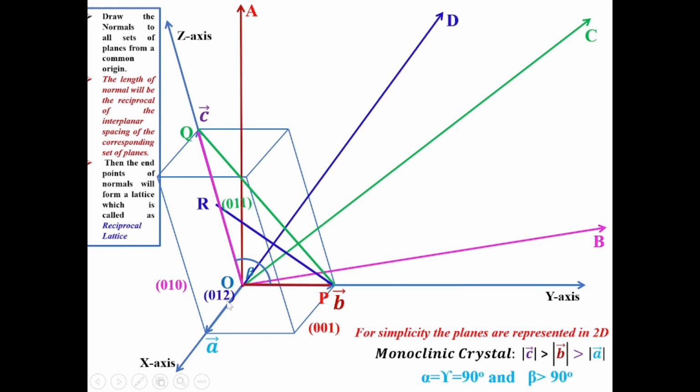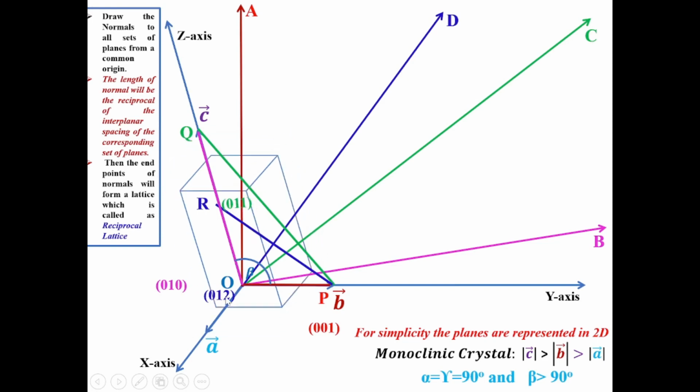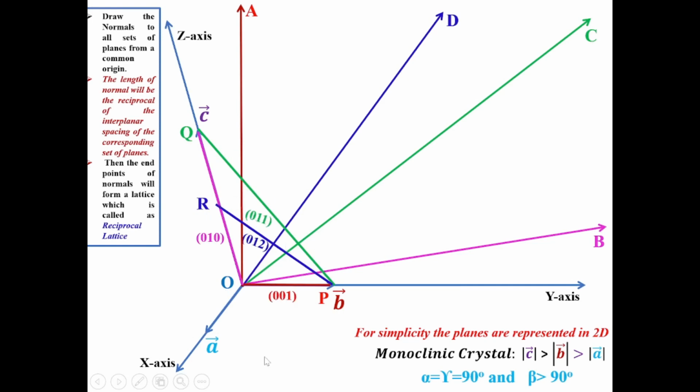So here for our simplicity, the 3D structure of the planes is converted to 2D structure. Okay, this red line represents 001, this pink one 010, this green one represents 011, and this blue line the 012 plane. Okay, all the Miller indices I have written near the corresponding planes.